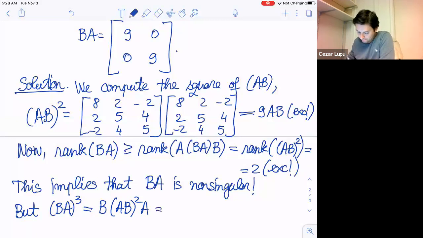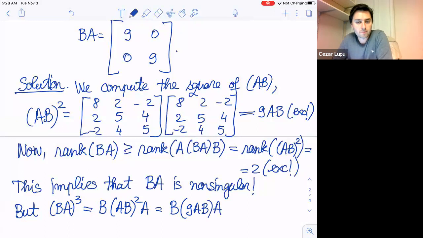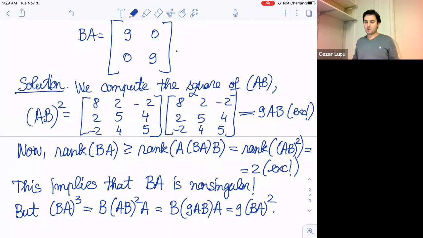So this would be B times 9AB times A, right? So we have used the first relation. So this would be nothing else than just 9 BA squared. Okay, that's great.